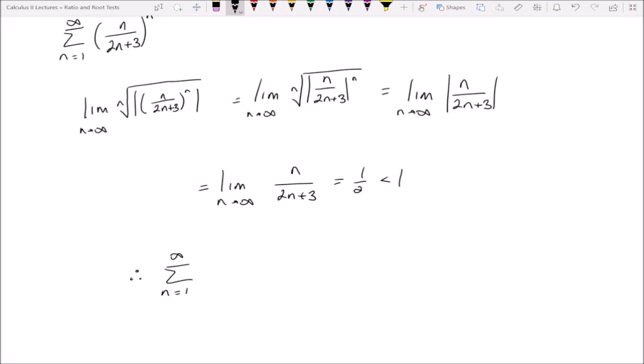So the series n equals 1 to infinity, n over 2n plus 3 to the nth power converges.